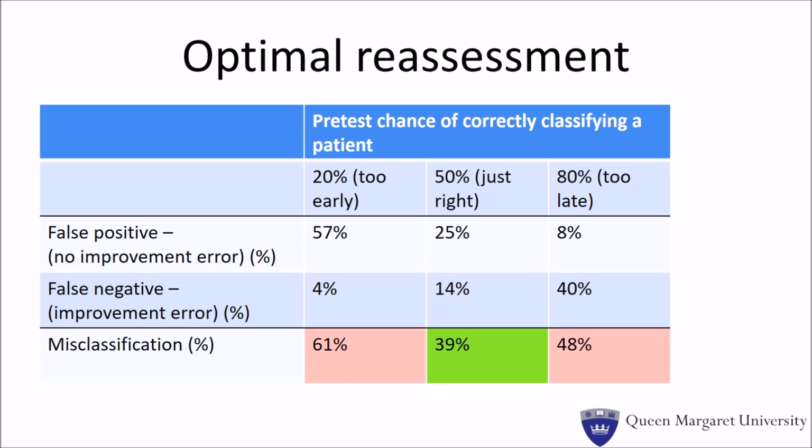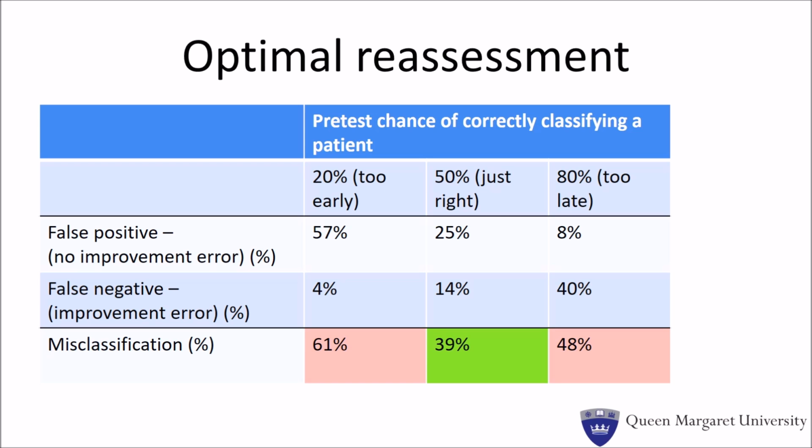But we're not very interested in just these two on their own. What we are interested in is the total percentage of misclassification. And if we add the false positive and false negative together, we get a misclassification percentage of 61%, which is about twice as much misclassification as if we optimally reassess the patient at the right time.